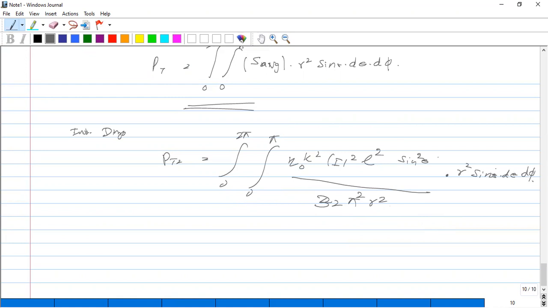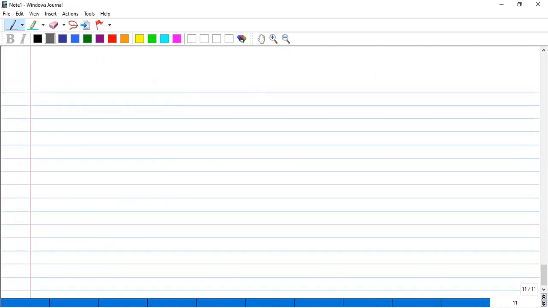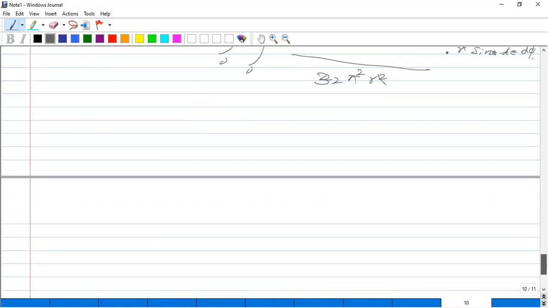Okay, so what is the value we get here? Okay, so you can see that r square cancels out, sine square theta times sine theta, so sine to the power 3 theta. So you will have it like this.